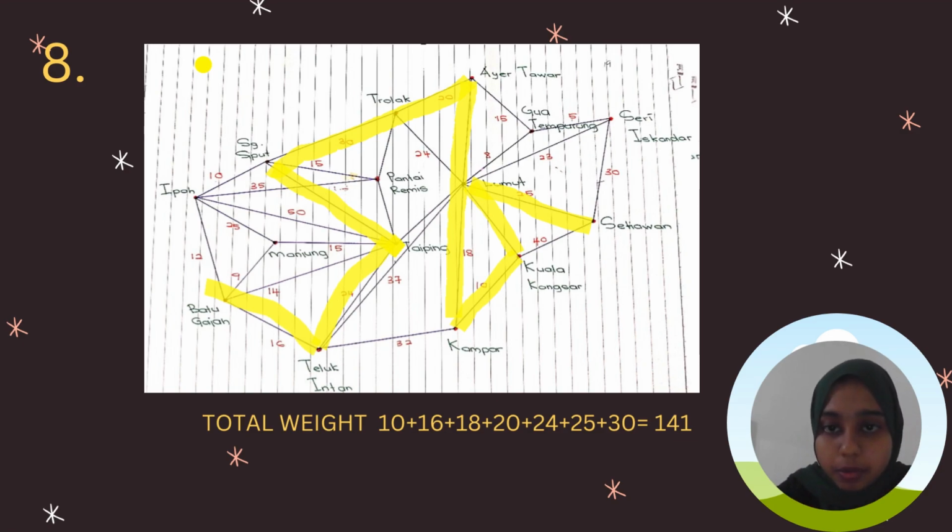So 10 represents Kampar to Kuala Kangsar. 16 is Batu Gajah to Teluk Intan. 18 is compared to Lumut. 20 is Tolak to Air Tawar. 24 is Teluk Intan to Taiping. And 25 is Lumut to Setiawan. And finally 30 is Sungai Siput to Tolak.